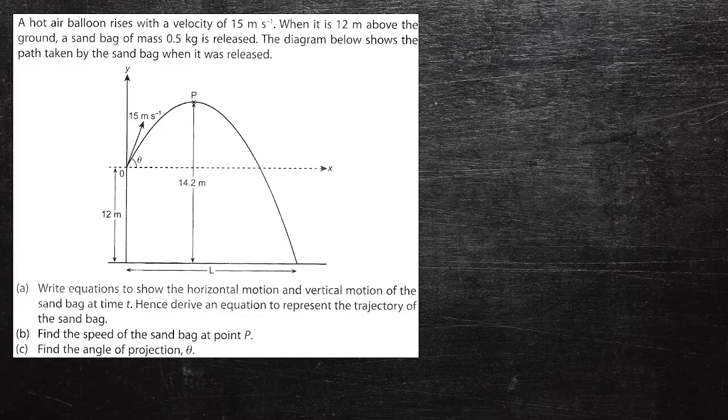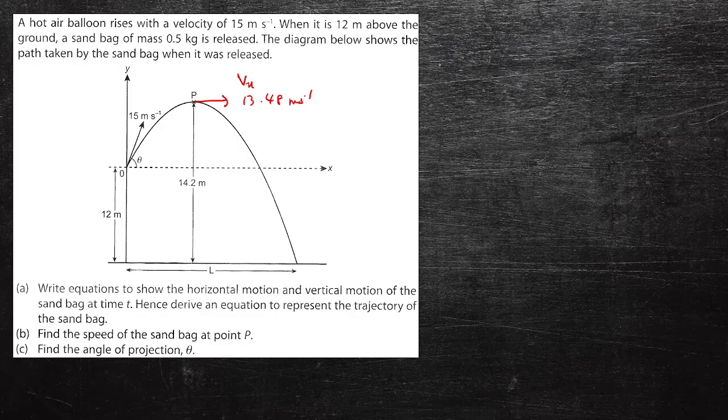So C, find the angle of projection. So we have to find how much the angle of projection is. From the previous answer, we know this is 13.48 meters per second, and this is in Vx only. Solely on the Vx, Vy will be 0.